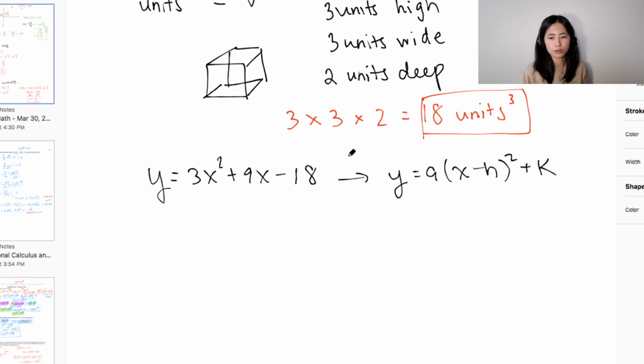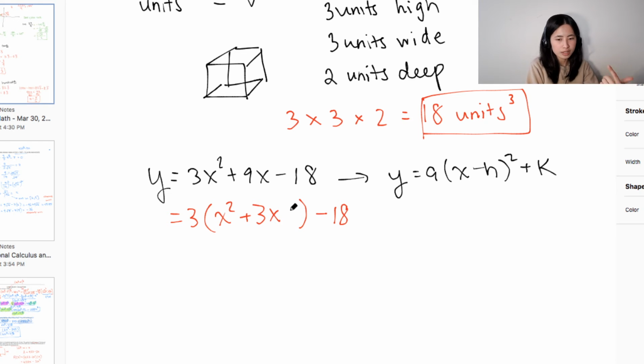So the first thing you have to do is, because you know that there's a 3 here, you're going to factor the 3 out. So you're going to get x squared plus, 9 divided by 3, that's going to be 3x, and then you have the negative 18 over here. What you're trying to do is make sure this is completely blank, because you want to complete the square.